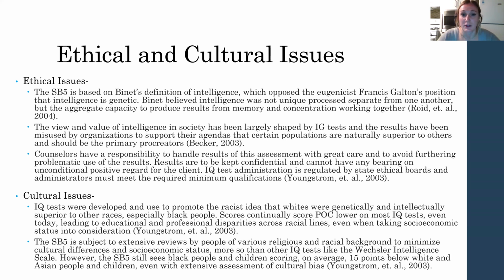Counselors have a responsibility to handle the results of this assessment, as well as explain them to the client in a way that is helpful and not triggering in any way, that sort of thing.